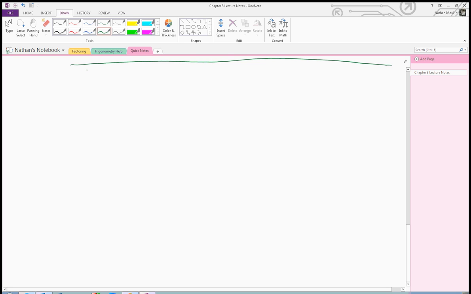So anyway, we have something like 1 over q minus 1 minus 1 over q plus 1. Well, this is different than that one, so we can't just flat out go for this and try to be really cool.